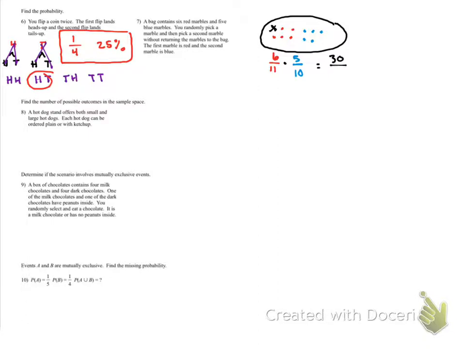That's 30 divided by 110. 30 divided by 110 gives us about 0.2727 forever, or 27.27 repeating percent, because that decimal ends up repeating.